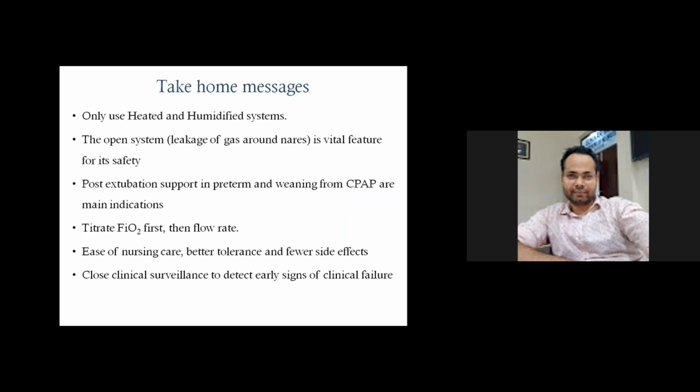The open system, with leakage of gas around the nares, is a vital safety feature in babies with HFNC, because if we do not use the open system and use a larger bore diameter nasal cannula, it can lead to pneumothorax and inadvertent pressure generation.